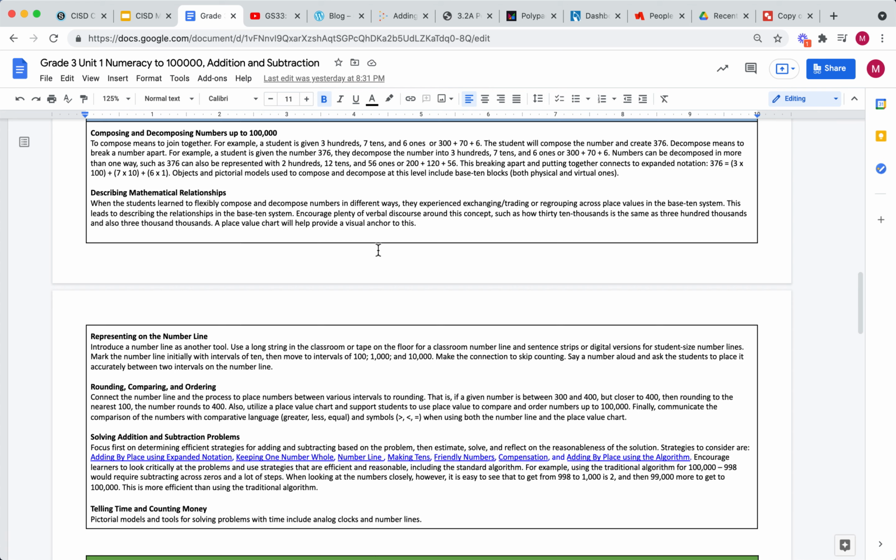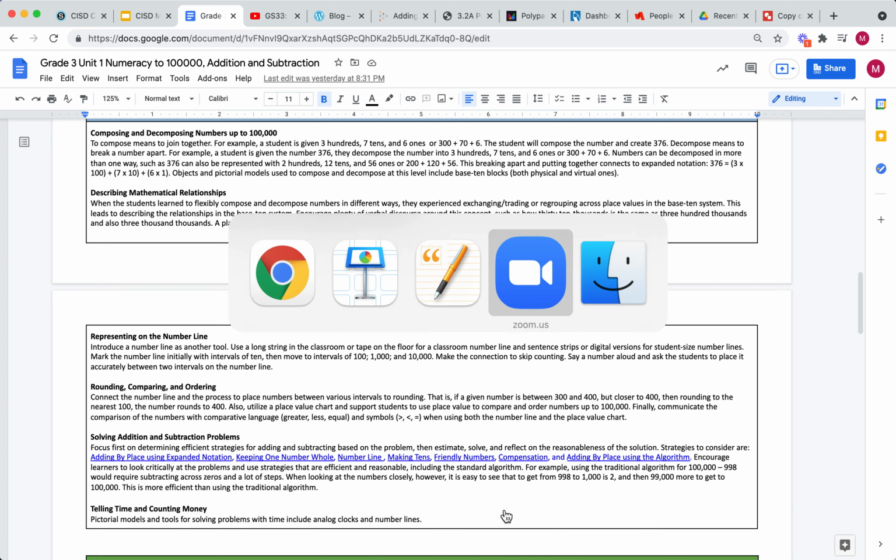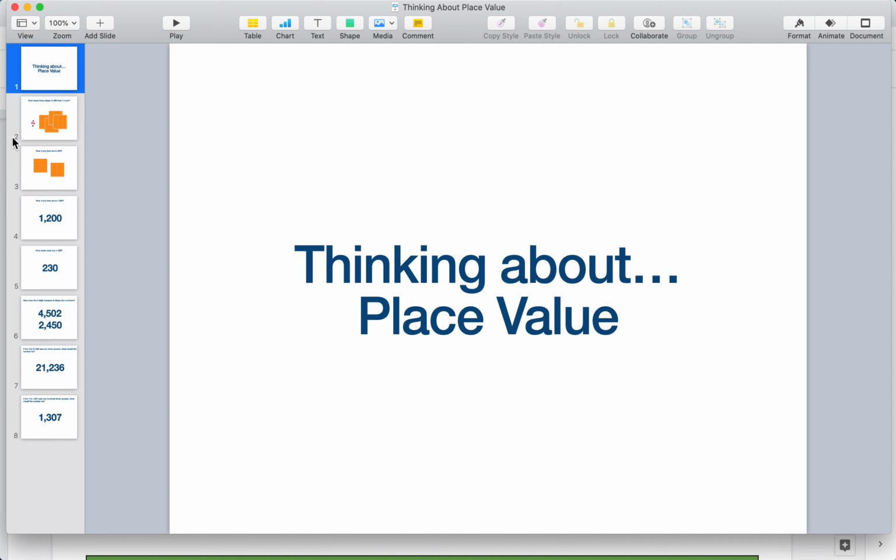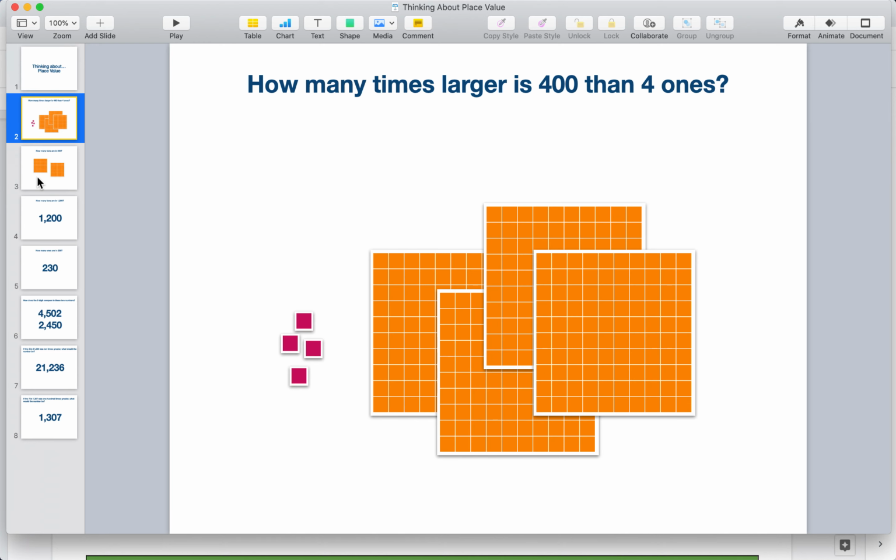After they compose and decompose, the students begin describing the mathematical relationships. And as they begin to articulate place value in the base 10 system, they need to connect that to exchanging, trading, or regrouping. So I've put together this simple keynote for you to guide some instruction about thinking about place value with some prompts like, how many times larger is 400 than 4 ones?